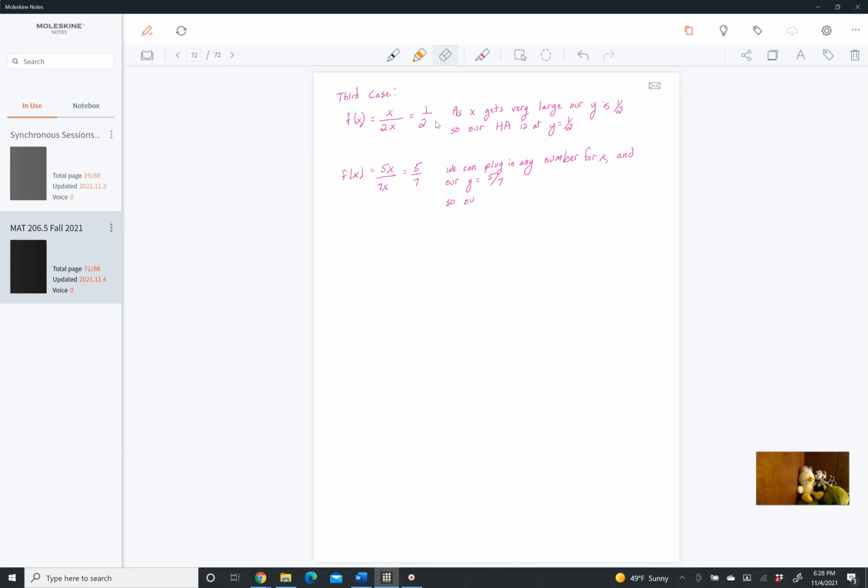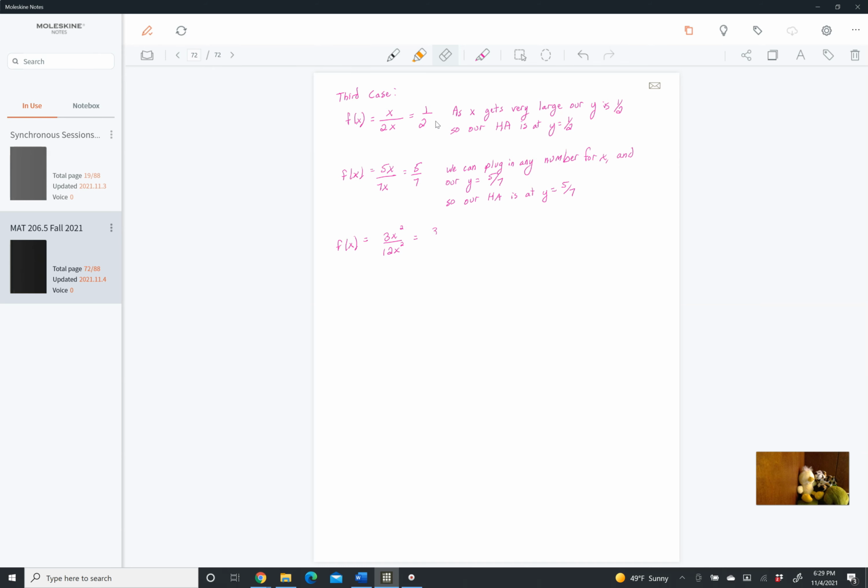So our horizontal asymptote is at y equals 5 over 7. Now this isn't just true if we have an x. Let's take the case of f of x equals 3x squared over 12x squared.